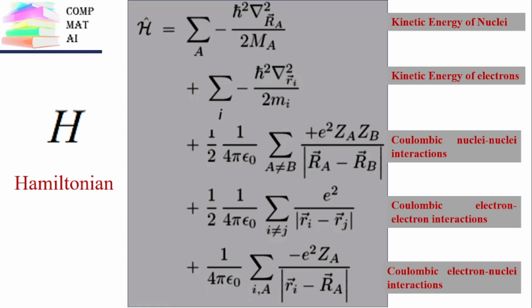A similar summation is conducted for the kinetic energies for all electrons, as well as for all interactions between the nuclei and electrons, and among the nuclei themselves. Consequently, the Hamiltonian comprises a multitude of terms. Despite its complexity, there is no inherent mystery in the Hamiltonian formulation. It is a straightforward representation that encapsulates the various energies associated with the interactions within the system.